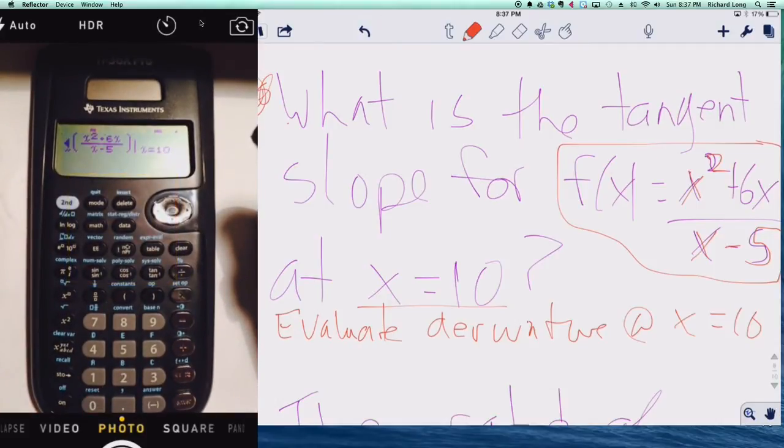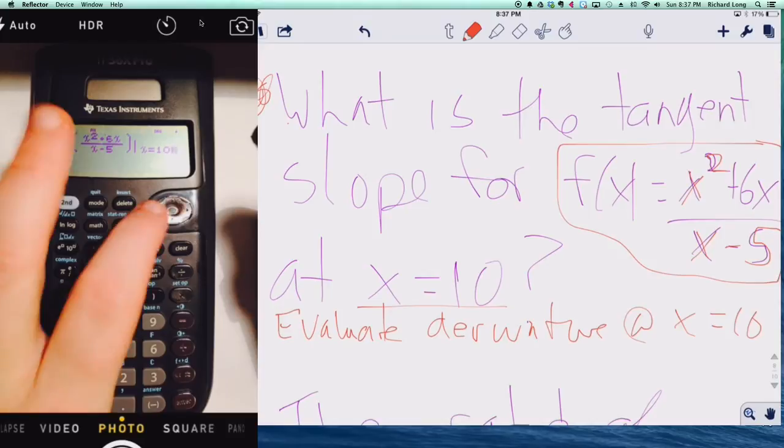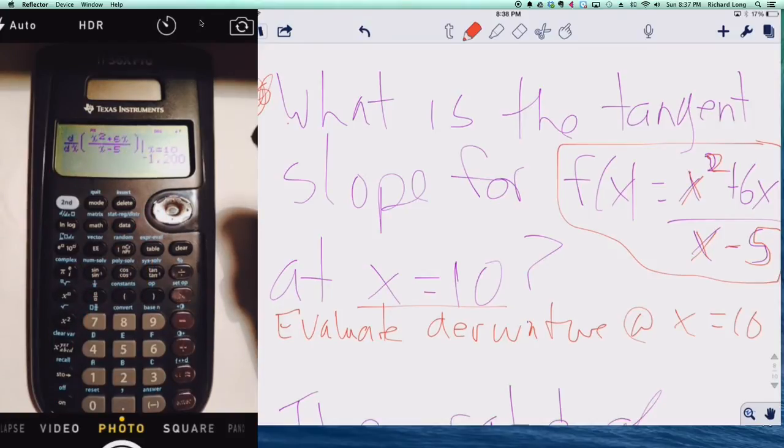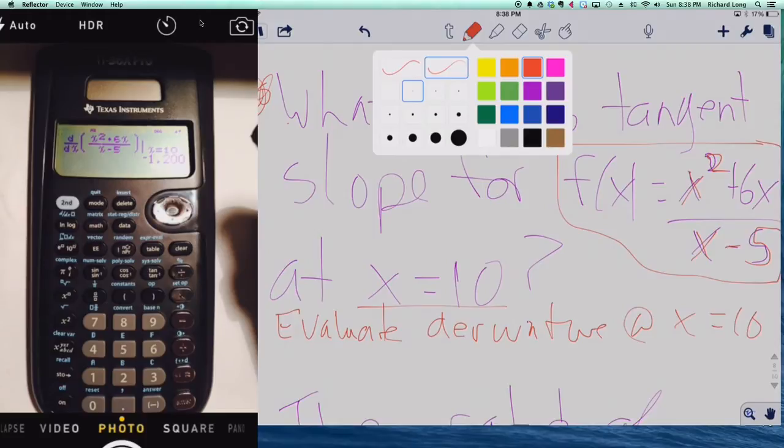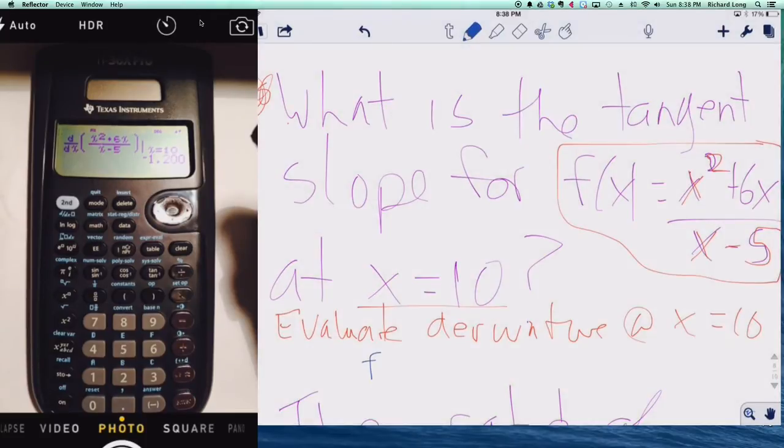That calculation will give me the slope of the tangent at that point. So d by dx means calculate the slope of the tangent to the curve, x squared plus 6x divided by x minus 5, at x equals 10. The way you write this is f prime at 10 equals negative 1.2.